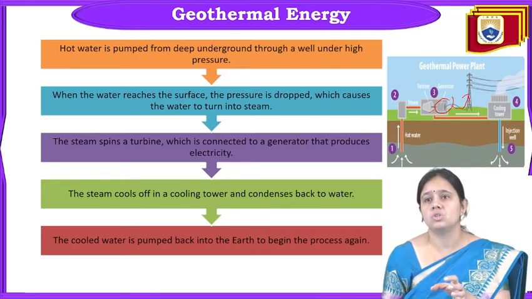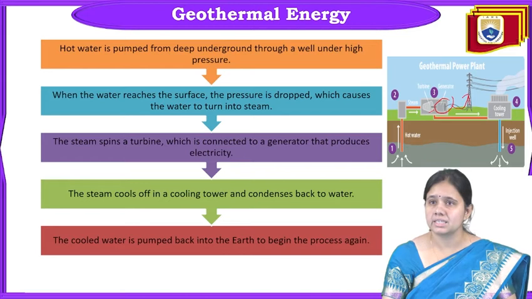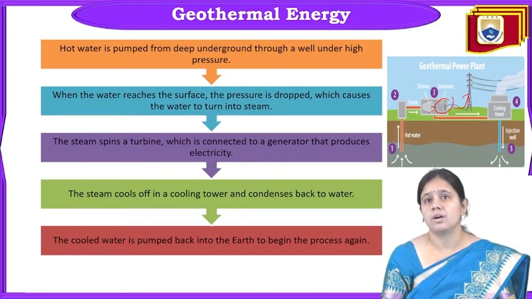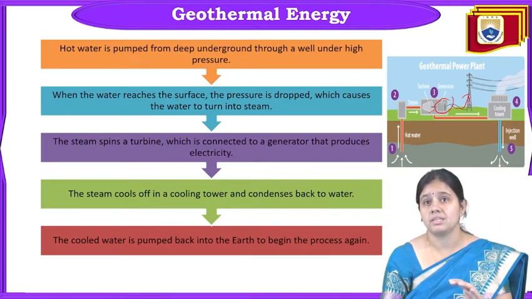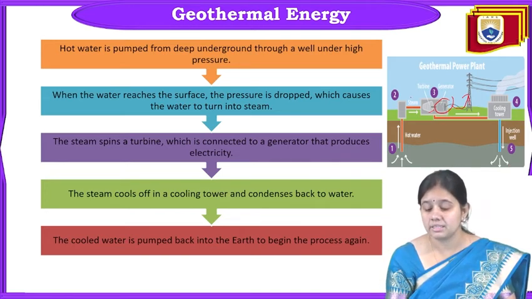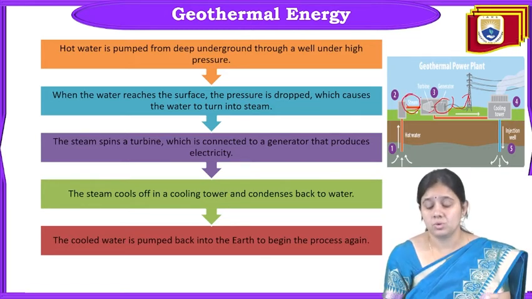This is all about geothermal energy. Through the injection well, hot water is pumped deep underground under high pressure. When the water reaches the surface, the pressure is dropped, which causes the water to turn into steam. That steam spins the turbine, which is connected to a generator.